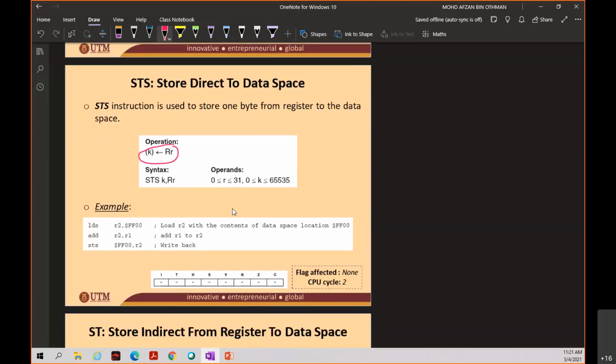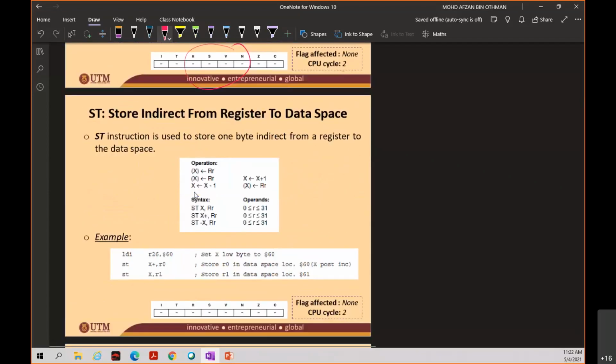Your Rr can be from R0 to R31, while K is from address 0000 until 085F for Atmega32. Again, none of the flags are affected. For this instruction to be executed, it takes 2 clock cycles.